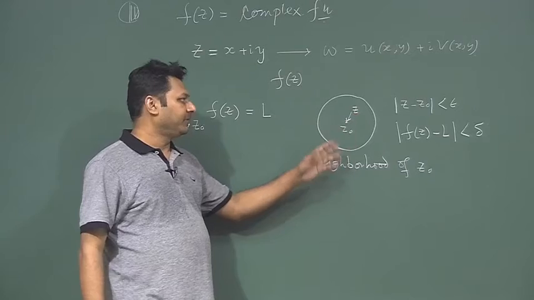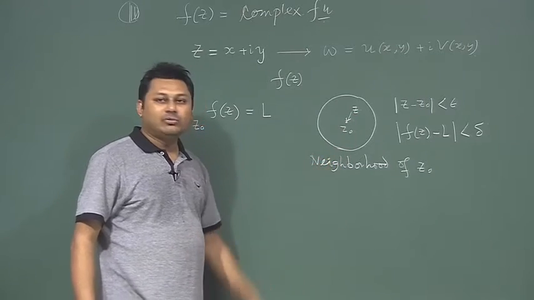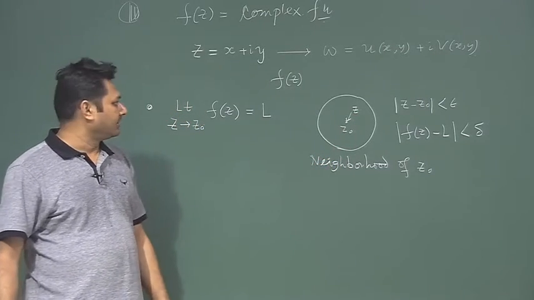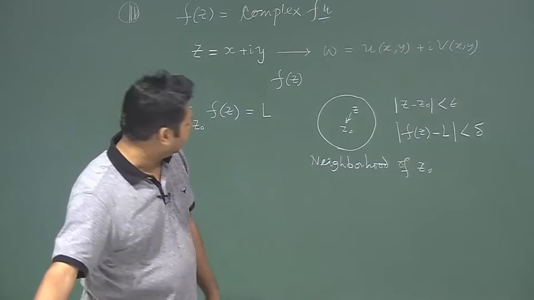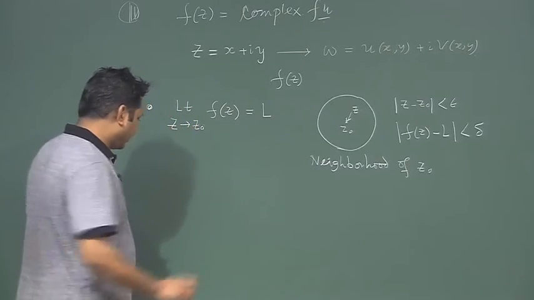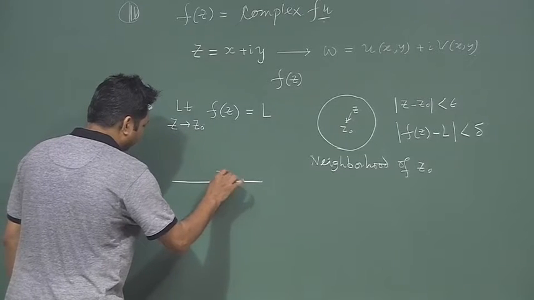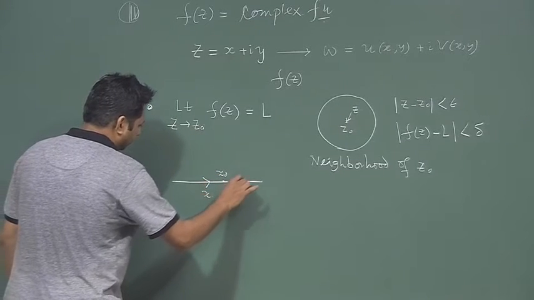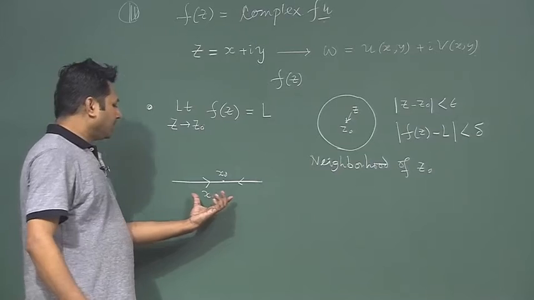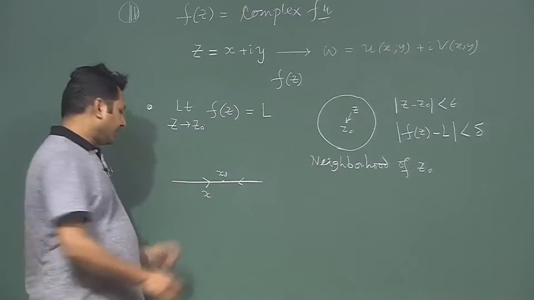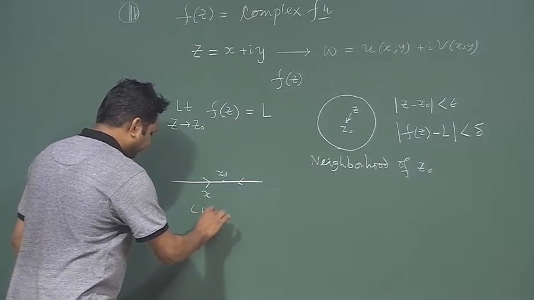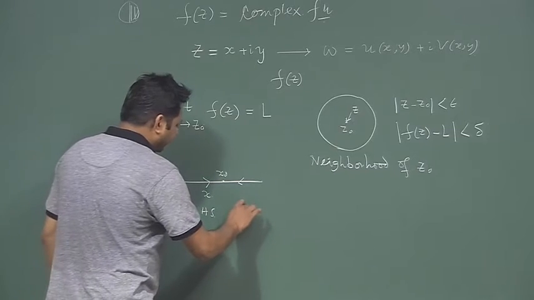Here we have something quite different from what we have in the case of real functions. What is the difference? In the real case, the approach to some point, say x to x0, is only two ways, either from the left hand side or from the right hand side.